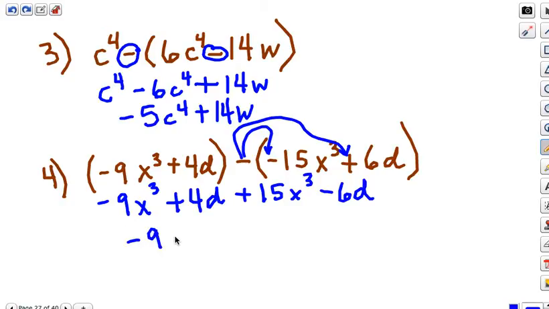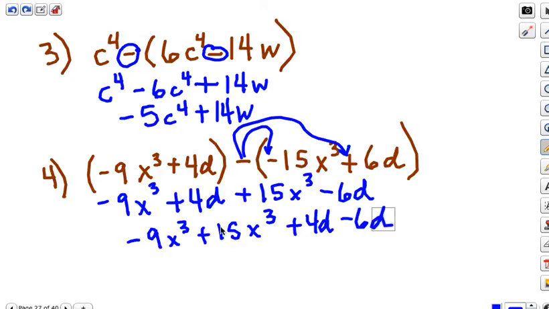So we have negative 9x cubed plus 15x cubed plus 4d minus 6d. Negative 9 plus 15 is 6, so 6x cubed minus 2d.